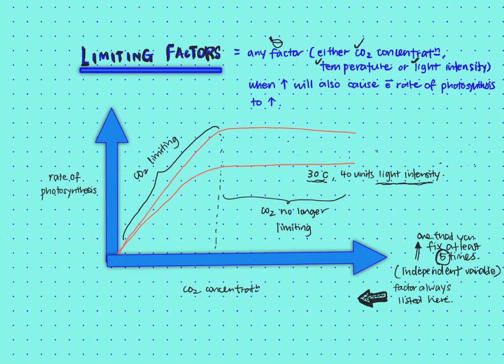So here, for example, if the person keeps temperature constant and constructs another experiment, and he finds that when he increases the light intensity to 60 units, what do you realize? The whole graph went up. Correct? So for this part now, we can say that the light intensity is limiting.